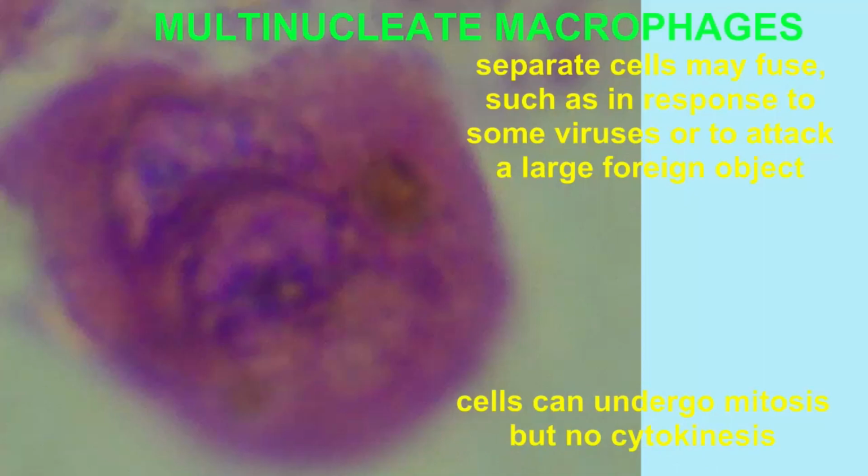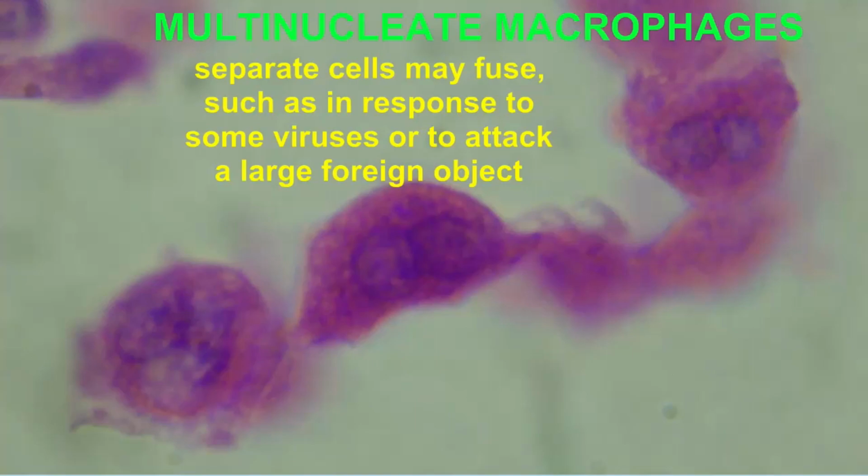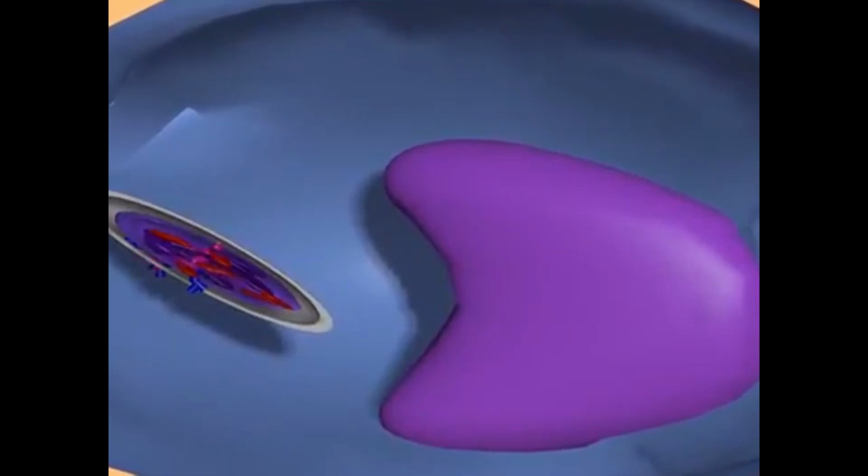But they can also have multiple nuclei after undergoing cell division, the mitosis part where they replicate the nucleus, but that cytokinesis, the replication of the cytoplasm, does not follow. So in these images you can see multinucleate macrophages in a viral pneumonia case.